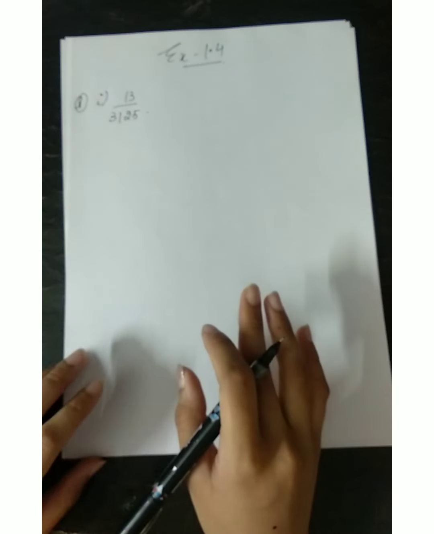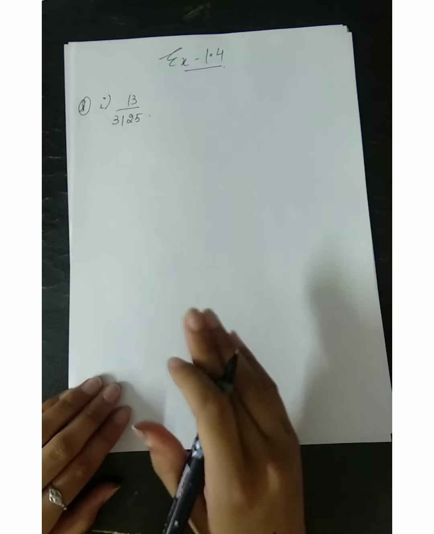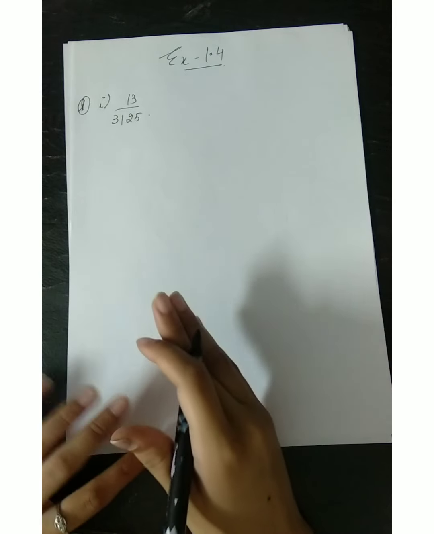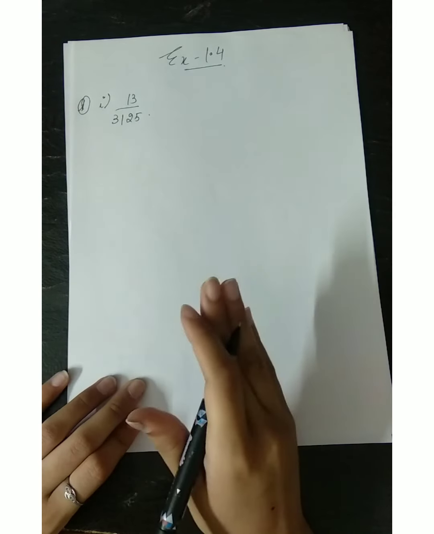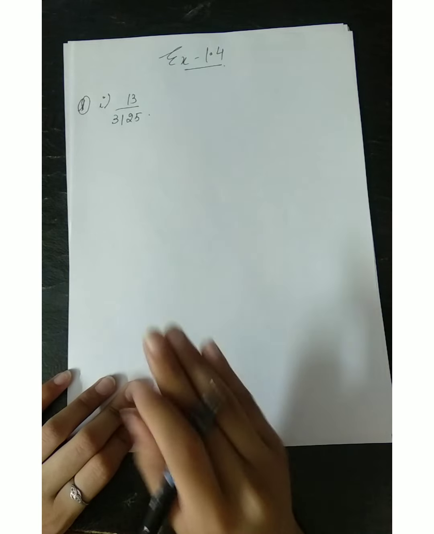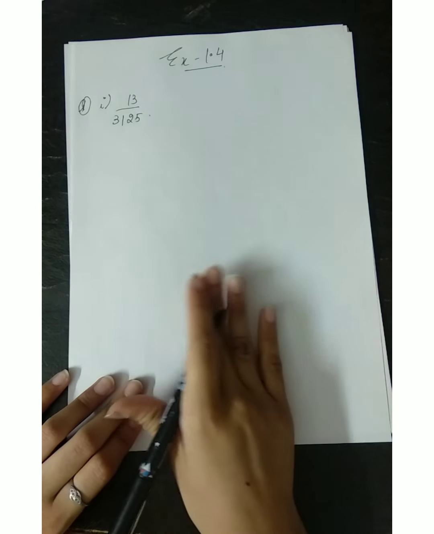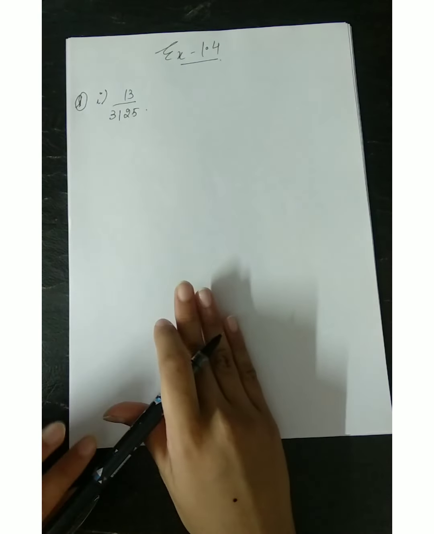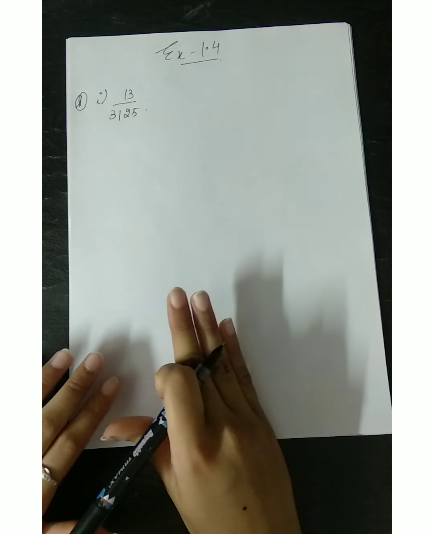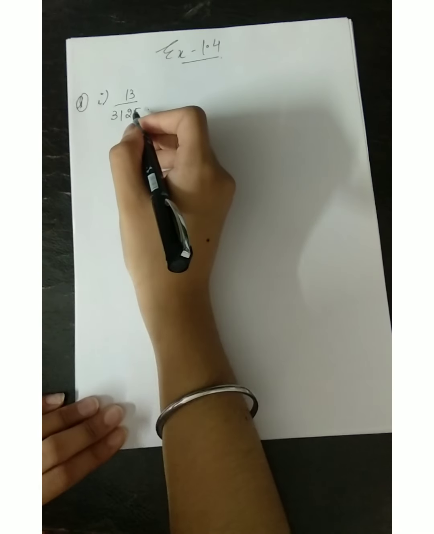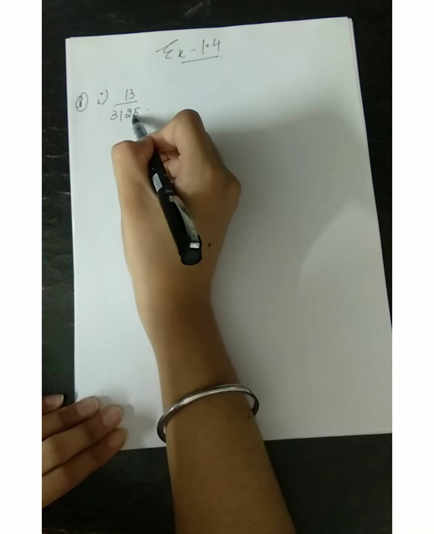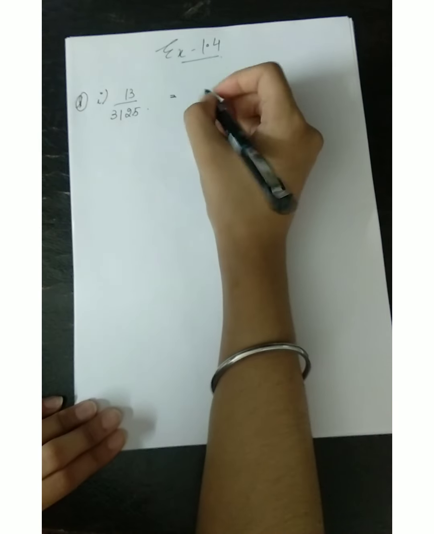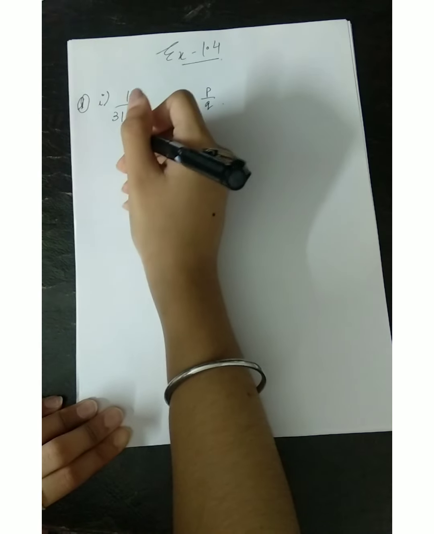So in the first question, we have been asked to see which rational numbers will have terminating and non-terminating repeating decimal expansions without actually performing the long division. Then in the second question, we are asked to find their expansions. So we'll be solving both the questions in a single go. Now for our first part, 13 upon 3125, it's p upon q.